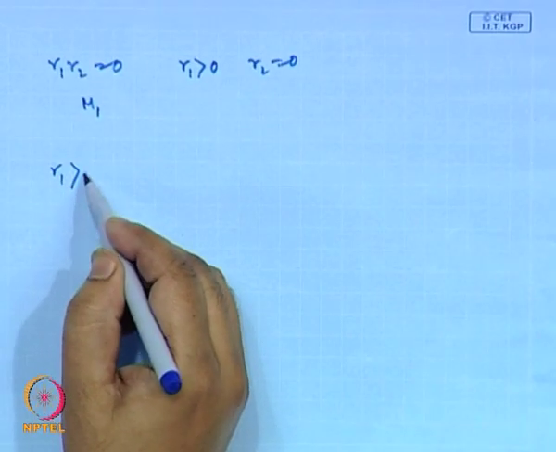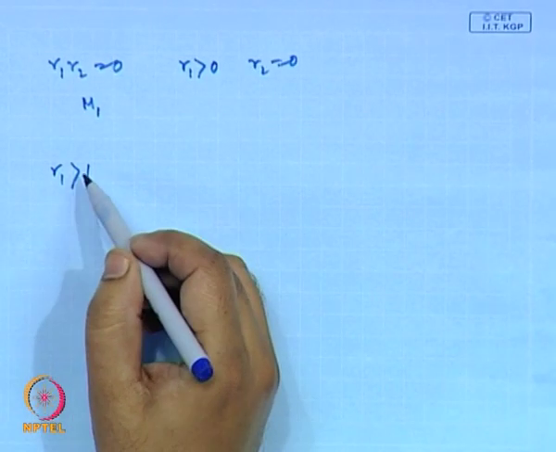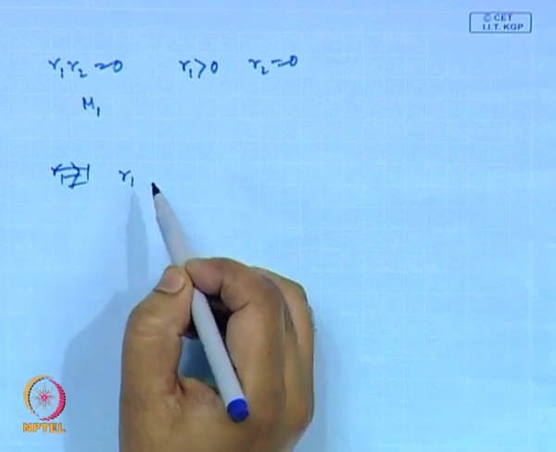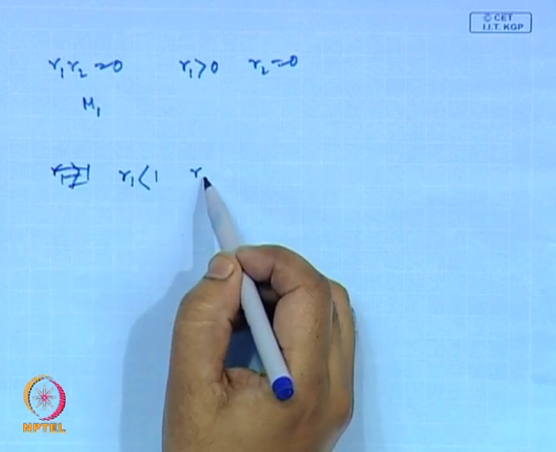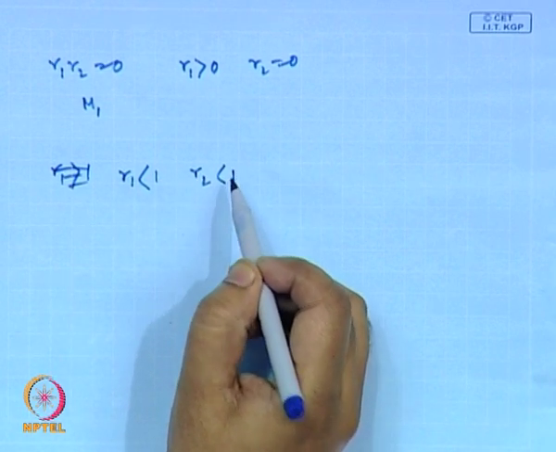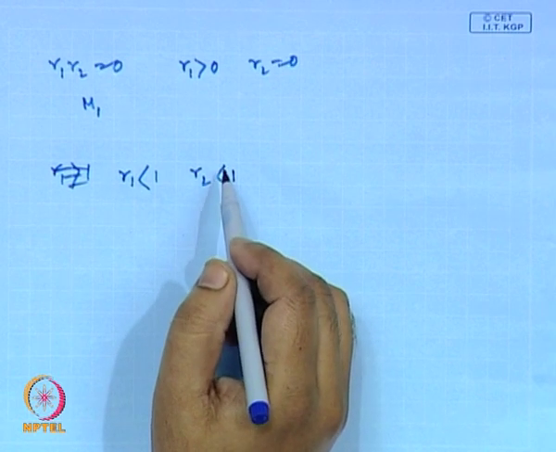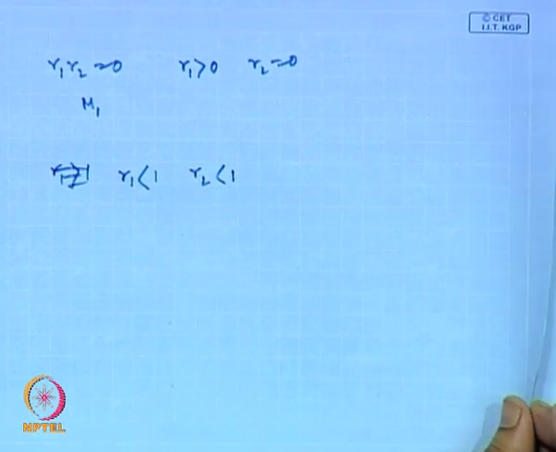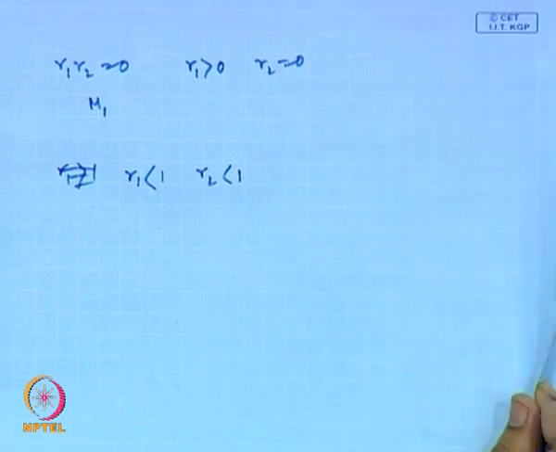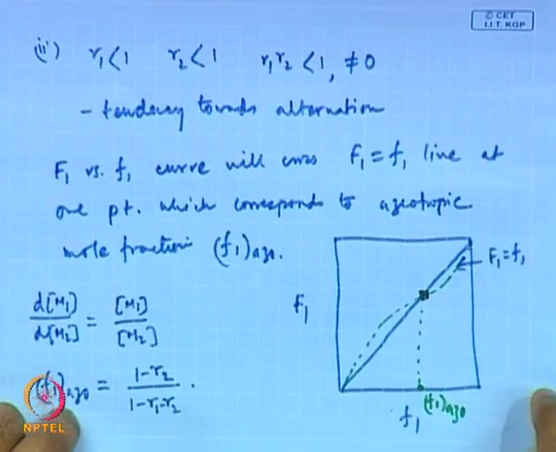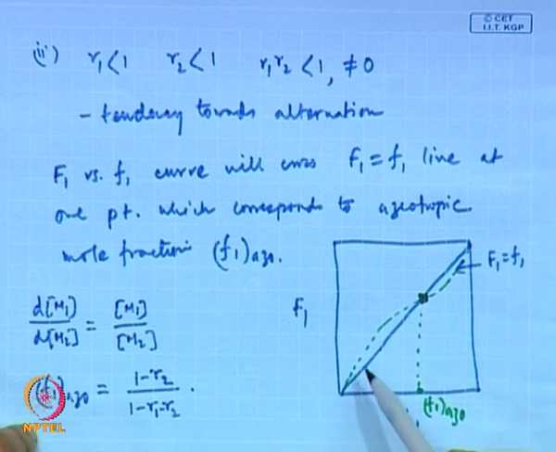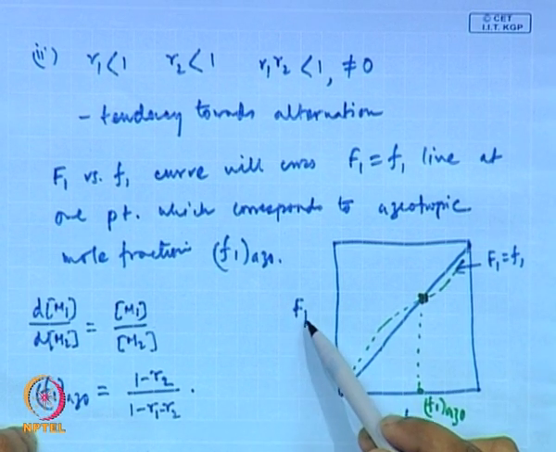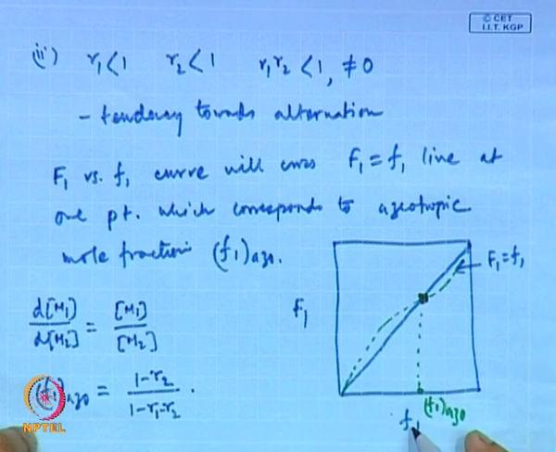If you talk about the case we just talked about, say R1 less than 1 and R2 also less than 1, what will happen? Look at this plot versus molar ratio, mole percentage in the copolymer and in the monomer.